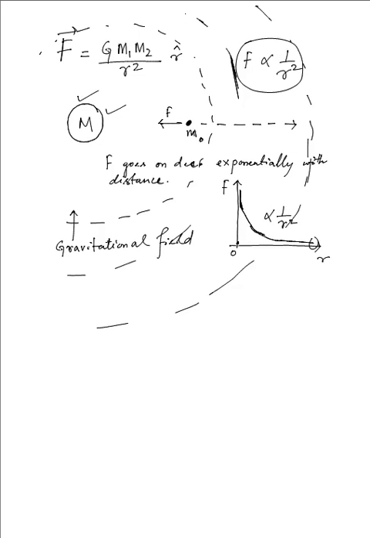Let this be m0, with a subscript 0, that is taken as the test mass just to test the intensity of the gravitational field. And let us suppose that this is at a distance, say r, from the given mass capital M.